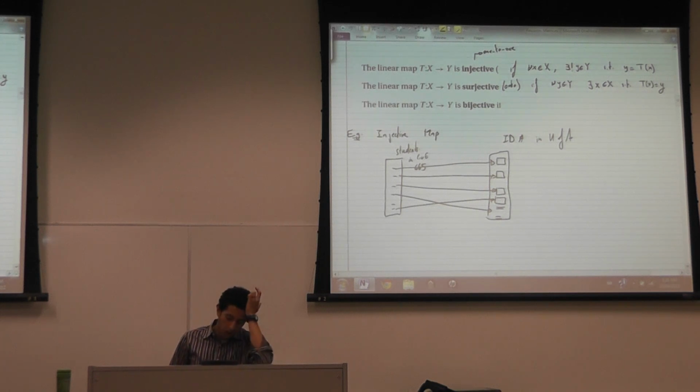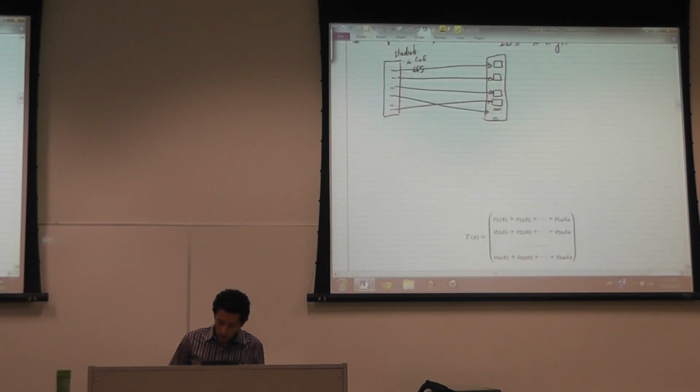Which means I'm covering all the ID numbers. Example for a surjective map, which is onto.